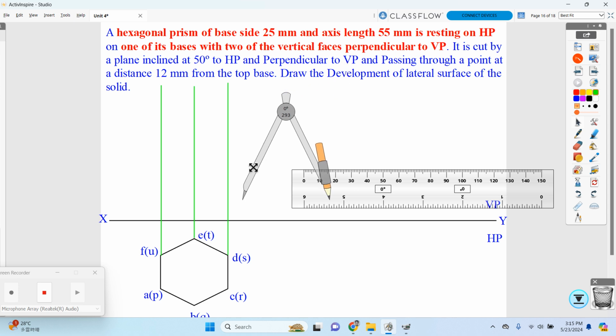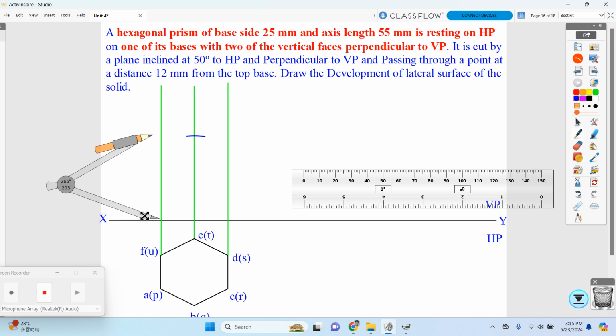I have measured over here, keep it at this point and rotate it and take this as 55 mm. Similarly, keep it over here and measure it, cut an arc here, then keep it over here, then cut an arc.